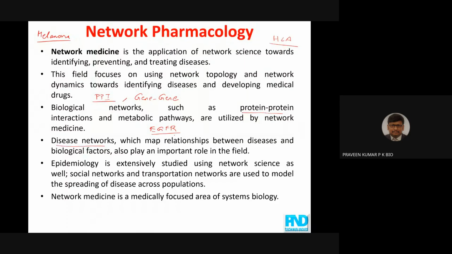I find this is of course one of the most important targets. So one target protein is responsible for multiple cancers. Then how can we treat breast cancer exactly, instead of cervical cancer? So more complexity is there, isn't it? For this, we need these kinds of disease networks, which map relationships between diseases and biological factors. One thing.